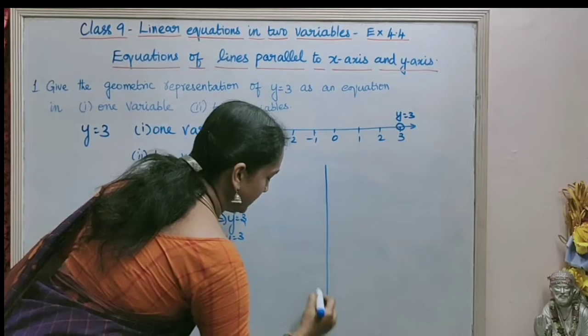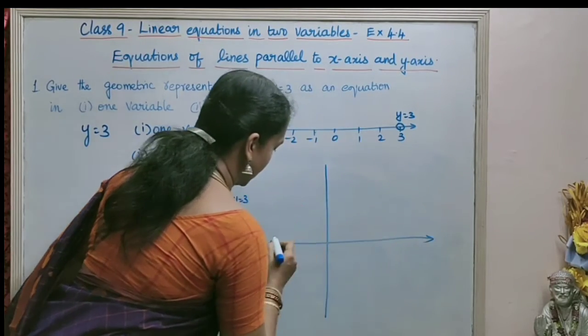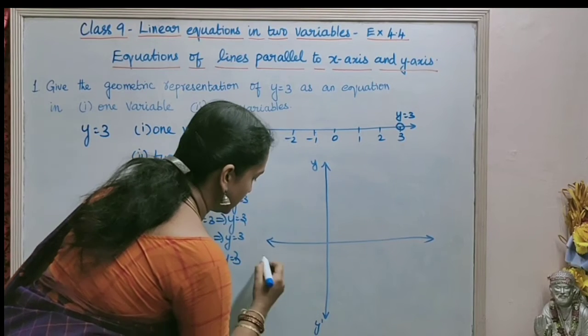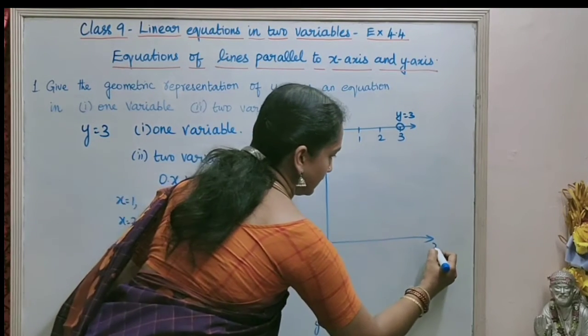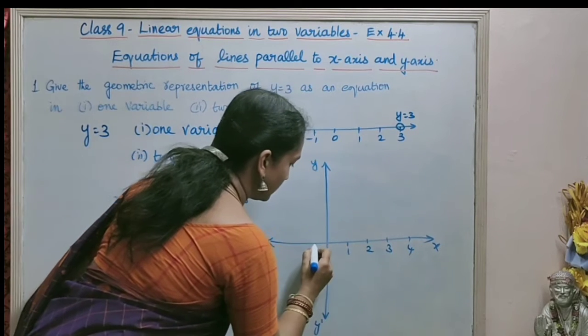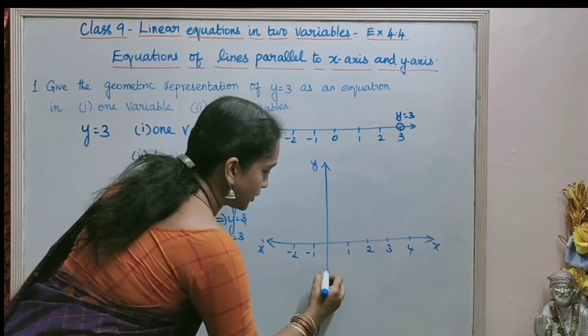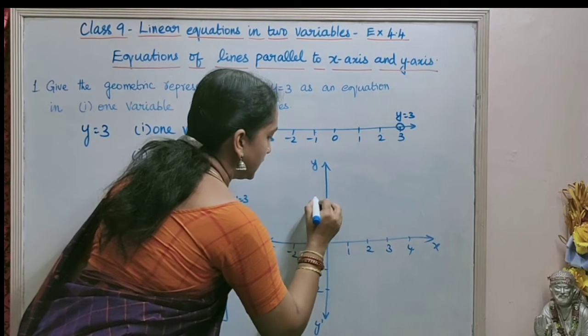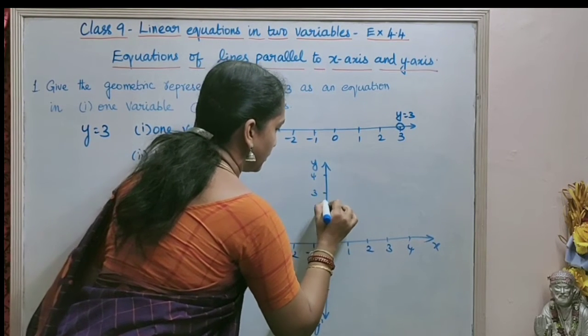Then in a graph when we are plotting, y-axis, x-axis. So, this is 1, 2, 3, 4, minus 1, minus 2, here minus 1, minus 2, here 1, 2, 3, 4.